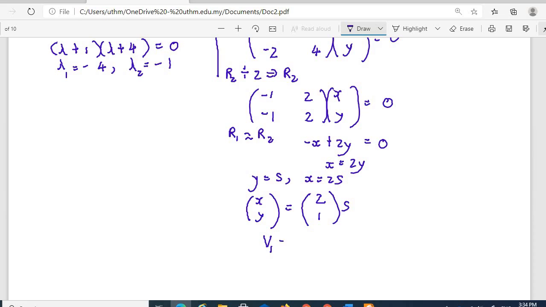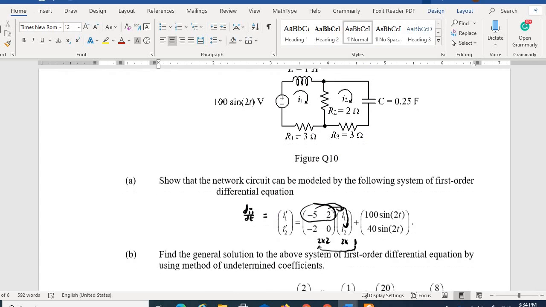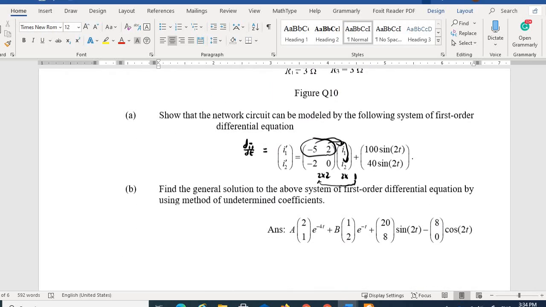So your V1 will be 2, 1. Check the answers. Correct. See the answer here, this is V1, exponent negative 4t. This part is actually your IC, this part is actually the IP. So it obtains a V1 already.